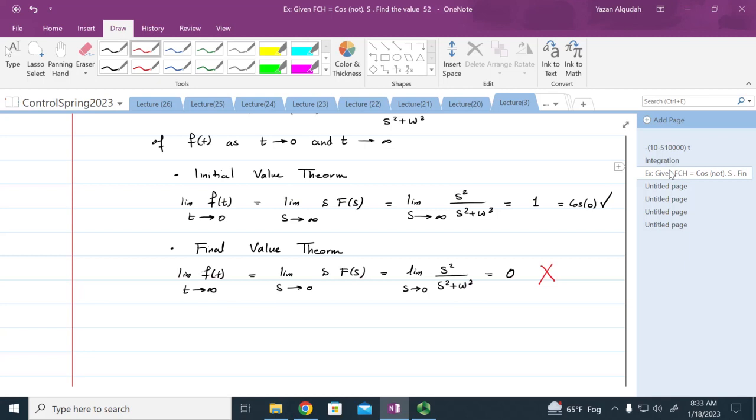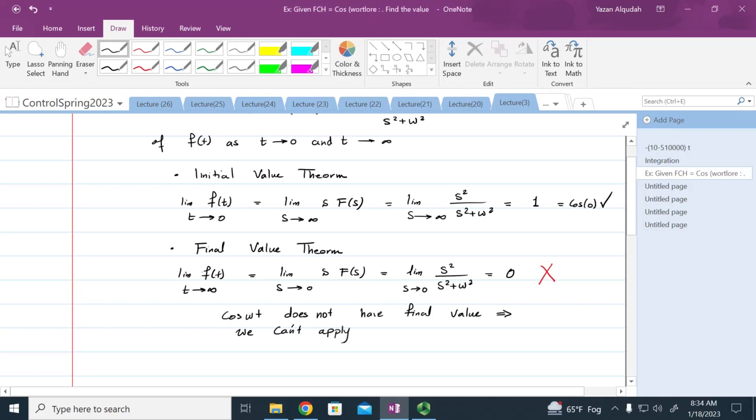What I want you to remember is that you only apply these if the limit exists. If the limit does not exist, then the result is not valid. Therefore, we cannot apply the final value theorem.